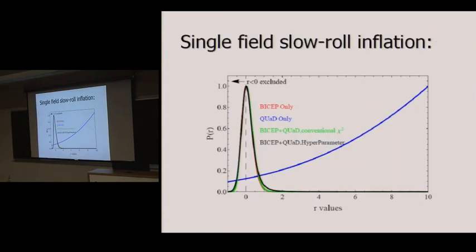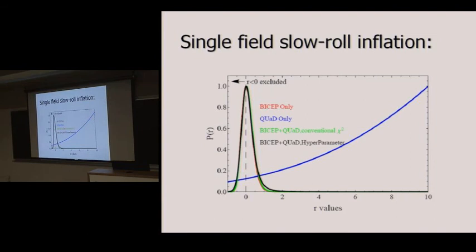Here is the result for the estimate of r for single field slow-roll inflation. By using BICEP only, you get a pretty well-defined peak. Although it is sometimes zero, the peak is pretty narrow. But the QUaD data didn't really work very well; you can't constrain this value of r.